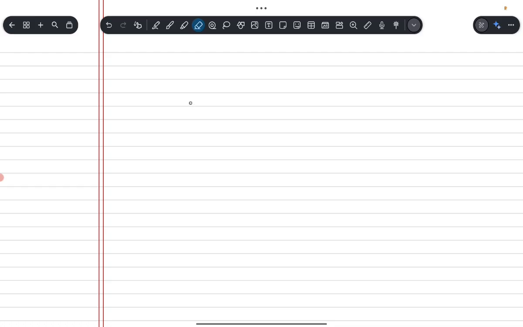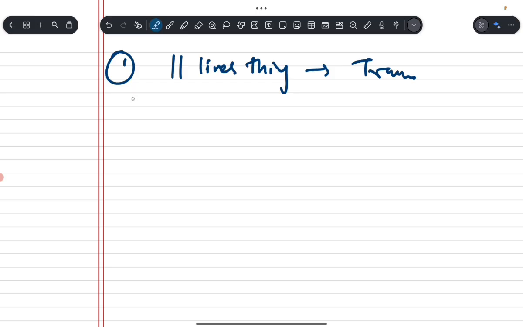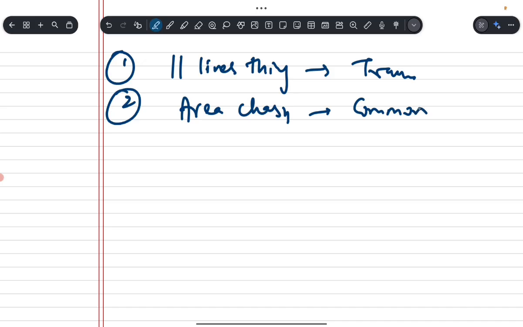All right. In today's session, what we did was, first, the parallel lines thing. What do we look for? We look for a transversal. Second was area chasing. We look for common what? Common height.